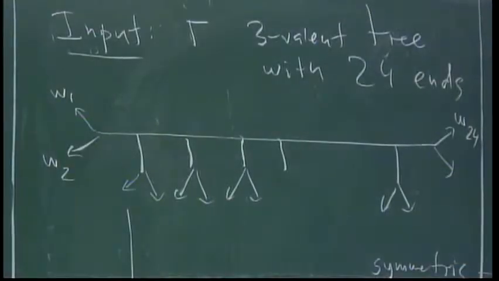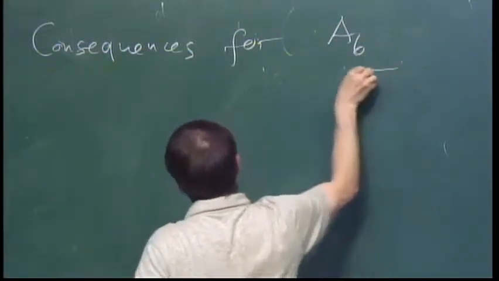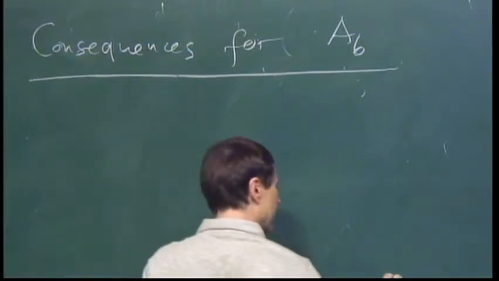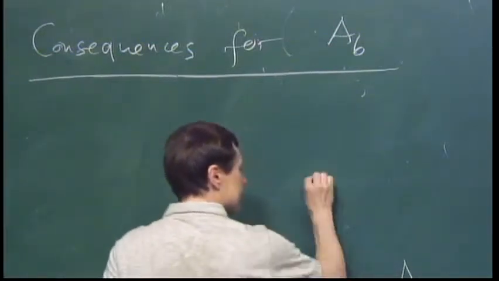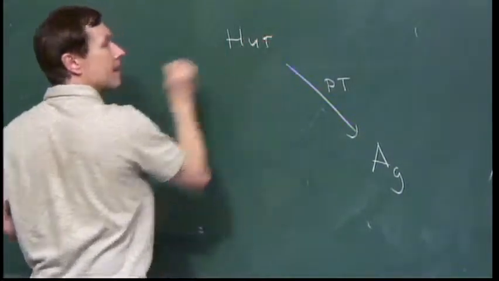I have only little time to talk about the consequences for the birational type of A6. So here's a diagram now that we have. So there is A6, there is this Prym Torelli map, there is this Hurwitz space.